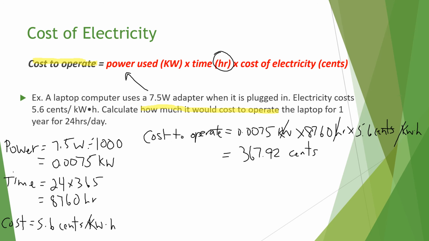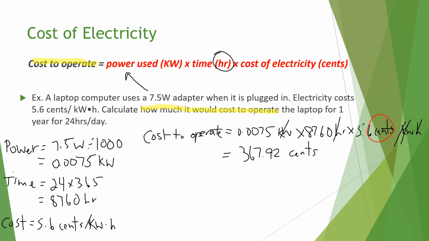Okay, remember this is cost to operate, so if you cross off all the doubles, kilowatts, hours, kilowatt hours, we have two of those, we're left with cents. Okay, so we don't talk money, we don't say 367 cents. We only say cents if it's less than $1, right? So we're going to convert this cents into dollars. We know that there are 100 cents in $1.